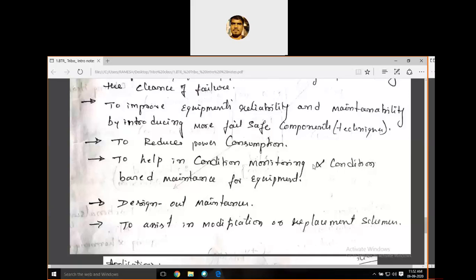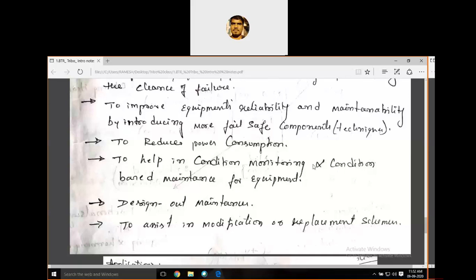Next, to help in condition monitoring and condition based maintenance for equipment. By using a proper tribological solution, we can easily carry out monitoring and condition based maintenance on the equipment. It will be easy to maintain. Next, design out maintenance is another advantage. And the last advantage is to assist in modification or replacement of structure.